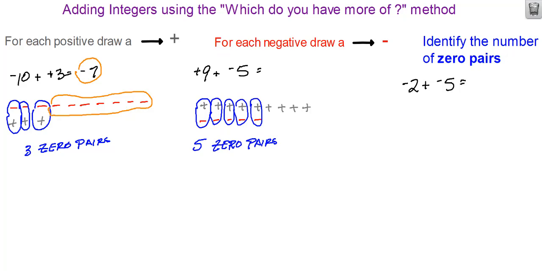And what's left over are these, need my leftover color. What's left over are those 4 positives. So our answer is positive 4.